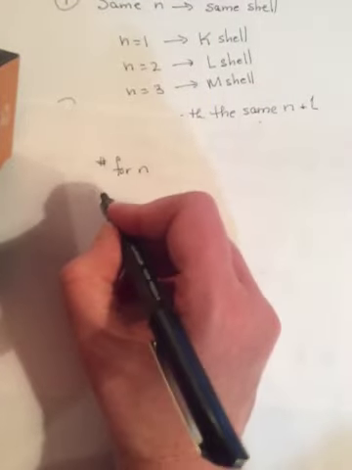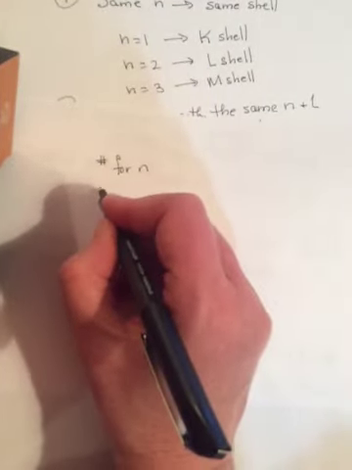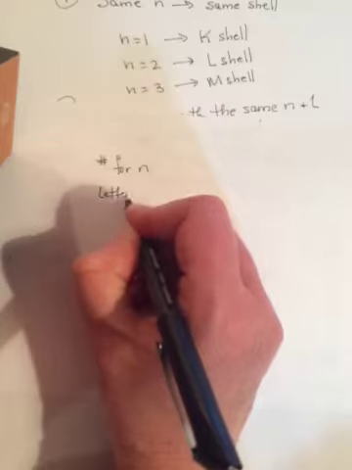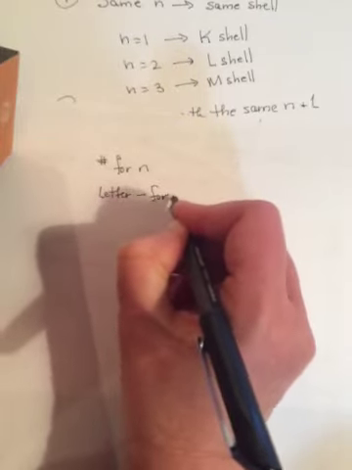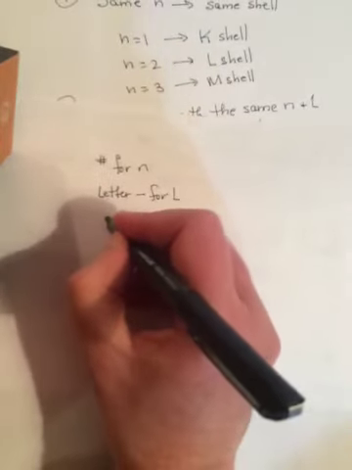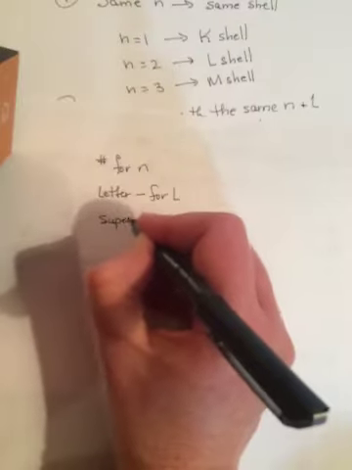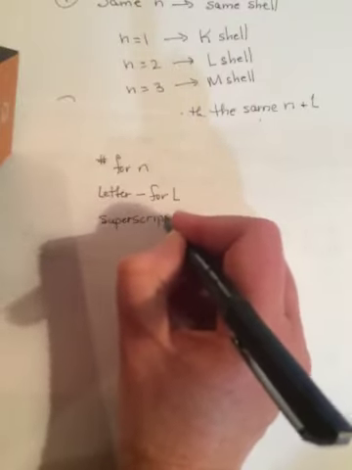They do not use K, L, or M. They use the number for the n, they use the letter for the L, and then they make the superscript the number of electrons.